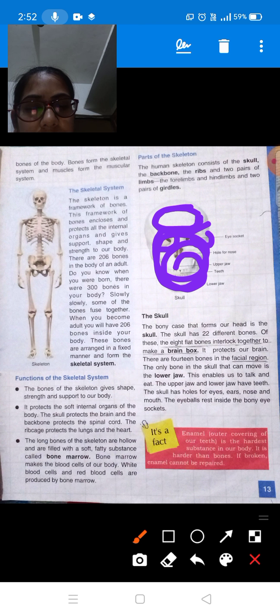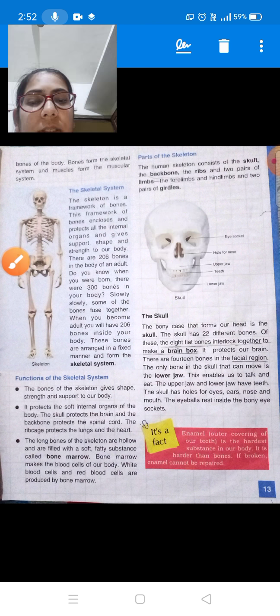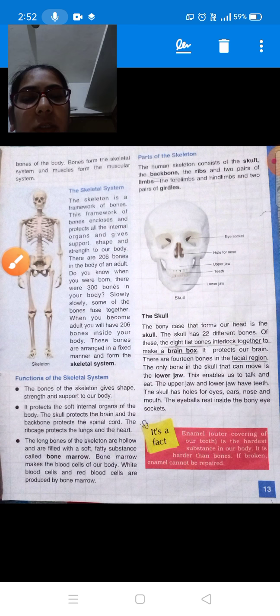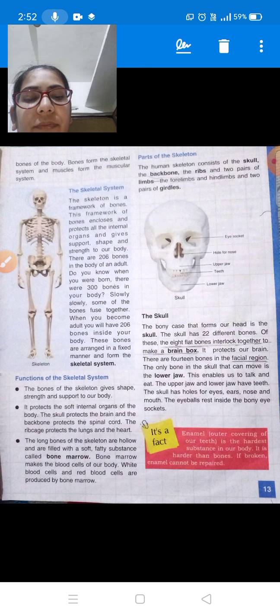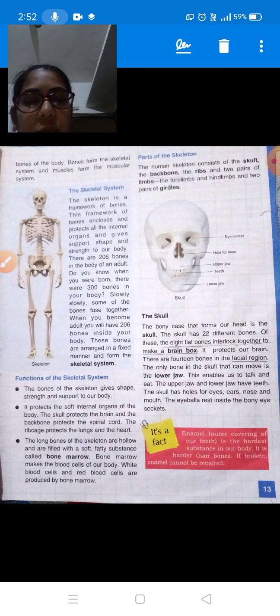Okay, and in this complete skull, only the bone of the lower jaw can move, the upper jaw bone cannot move, and because of this we are able to eat and speak. And in our skull there are holes present for eyes, ears, nose, and mouth.